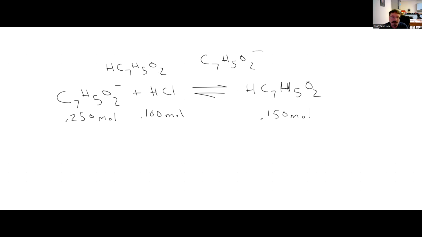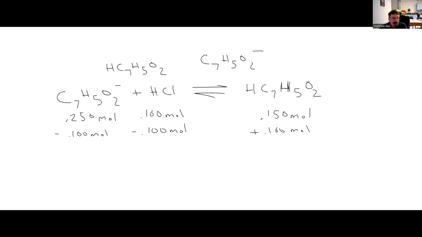The acid, the HCl, the strong acid, is interacting with the weak base, and we can see that there's less of that. So in our reaction, that's going to be our theoretical yield. Because they react in a 1-to-1 ratio, however much HCl we're going to use up the same amount of the conjugate base, and then we'll produce the same amount of moles of our conjugate acid.